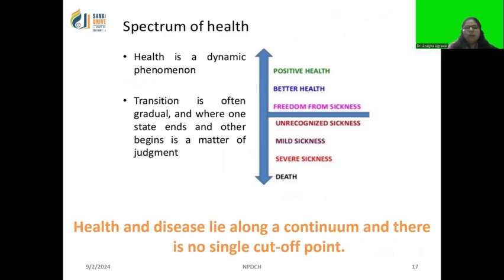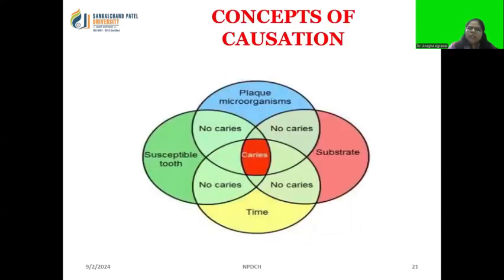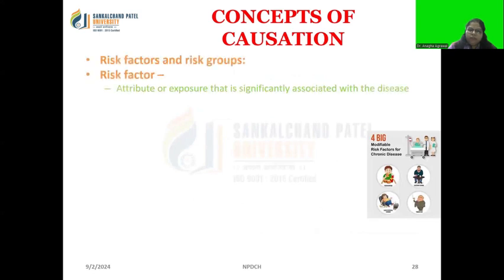The lower part of the spectrum of health, which you can see here, is known as the spectrum of disease. That means disease is again on a continuum and keeps on changing. It does not have the same status all the time. The best outcome is an unrecognized disease, whereas the worst that can happen because of that disease is death.